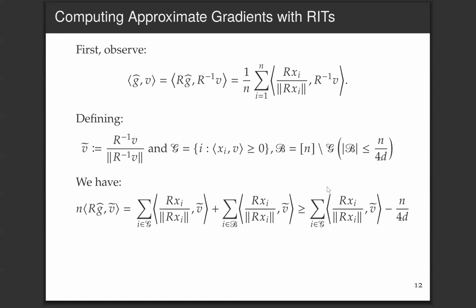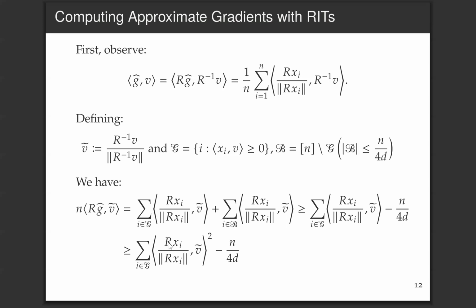And now by a similar argument, we know that each element in the first term of the sum is at most 1, and they're also going to be positive by the definition of the good set G. So since they're positive and at most 1, I can square them, and I get the equation down below. Now what we observe is that the first term in this sum ranges over almost all of the data points. The only points that it does not include are the bad set, whose size is very small.